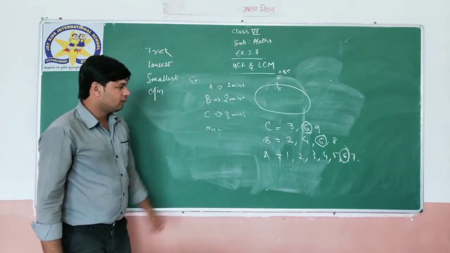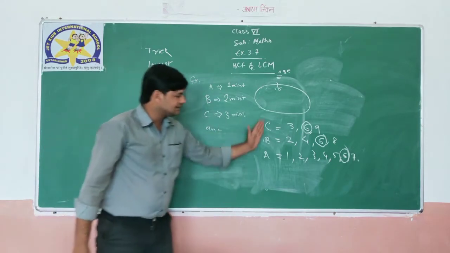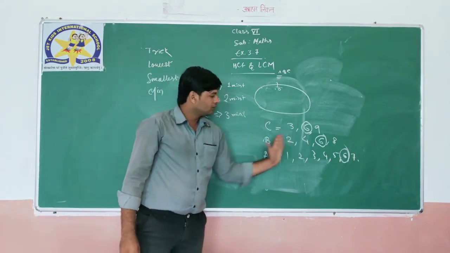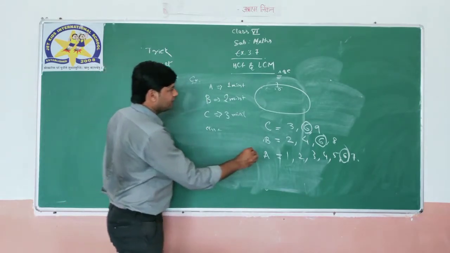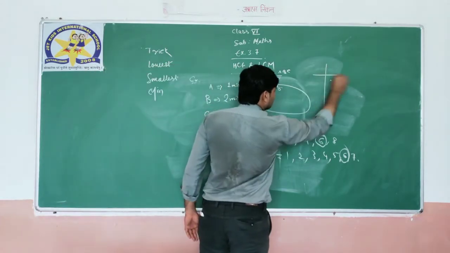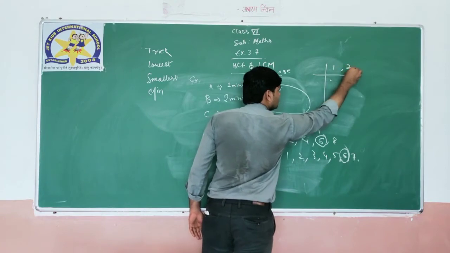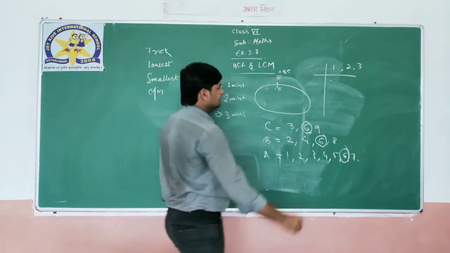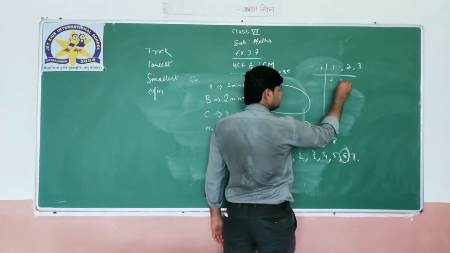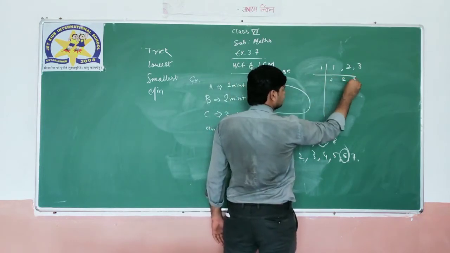Now if I am taking LCM, this is the traditional way where we are taking multiples. We have 1, 2, 3: 1 as it is, 2 as it is, 3 as it is.